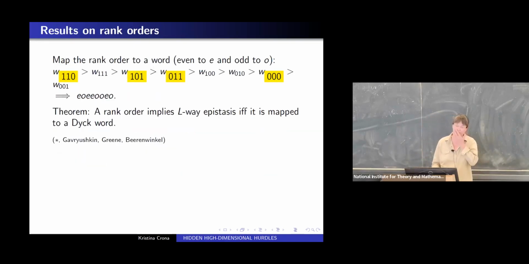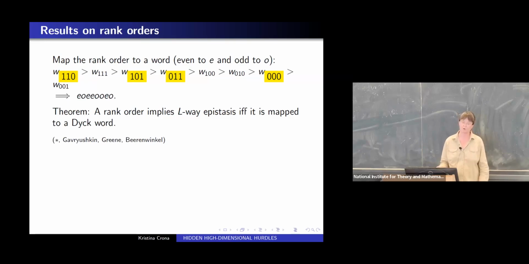There's a very simple theorem here: you write down your rank order, if you have a complete rank order, and make a word of it, E for even and O for odd. Look at your word. If it's a Dyck word, then it implies higher-order epistasis.